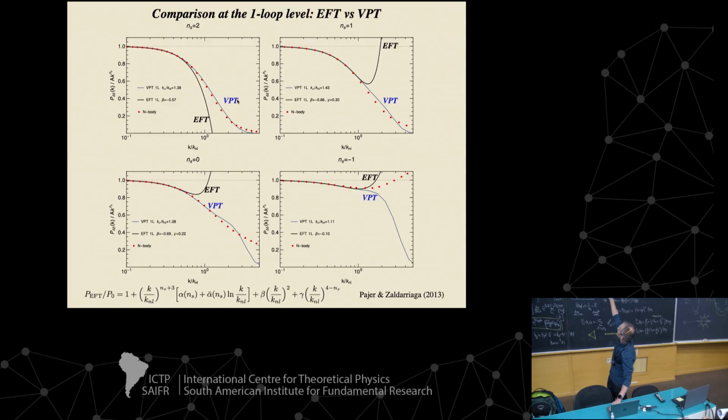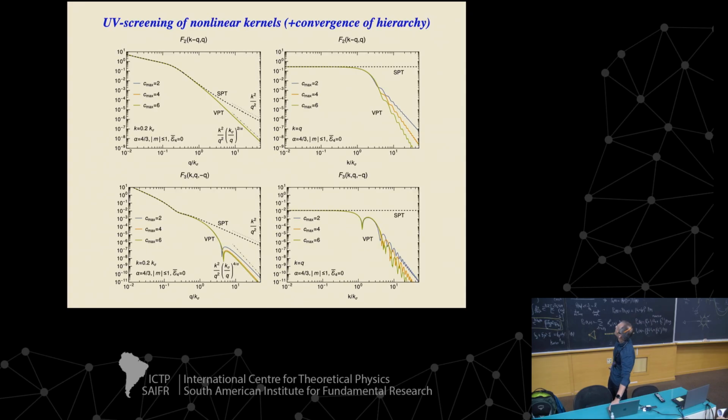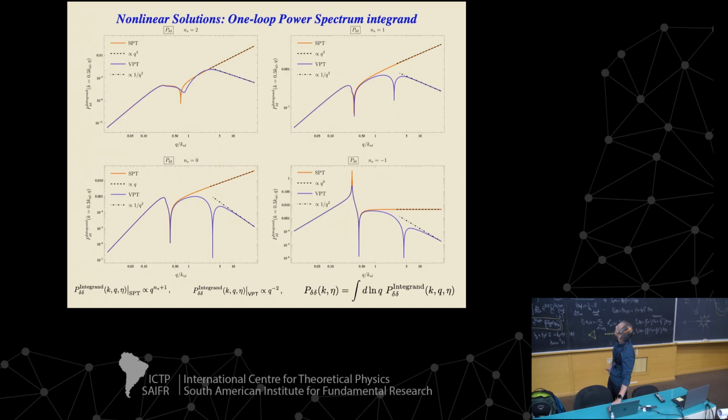And you can see in the Vlasov hierarchy, because you're solving this Vlasov hierarchy, you have more information, so you're doing a little bit better. And this is in response to the question yesterday about the UV sensitivity. So you can see compared to SPT, as you go to high momentum, these perturbation theory kernels get suppressed, okay? So this is what I was explaining yesterday.